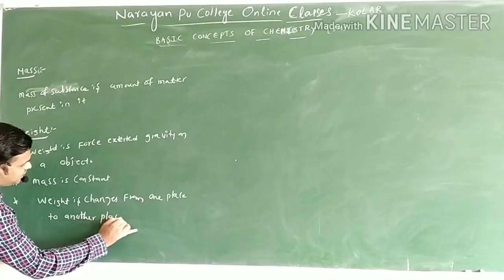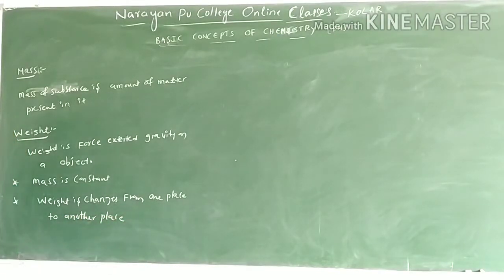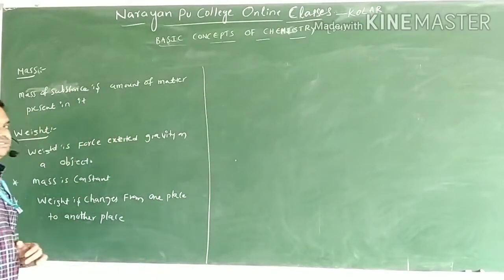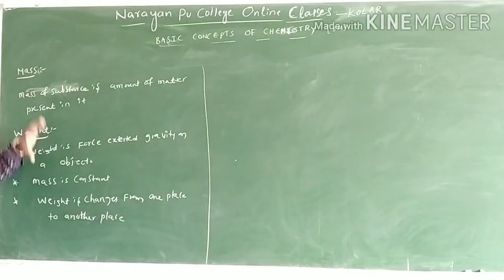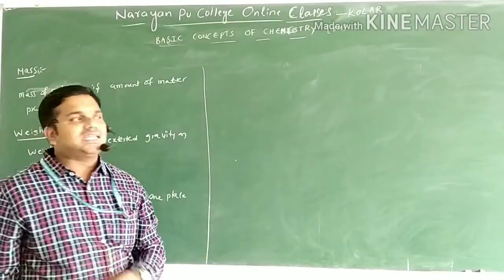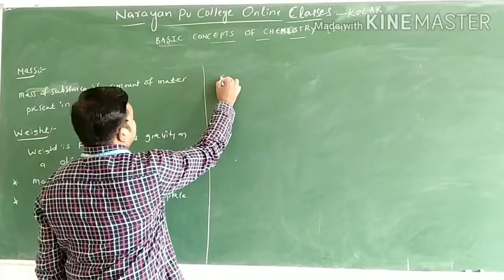Why? There is a change in gravity at different places. So there is a change in the weight of the substance, but the mass of the substance is constant.